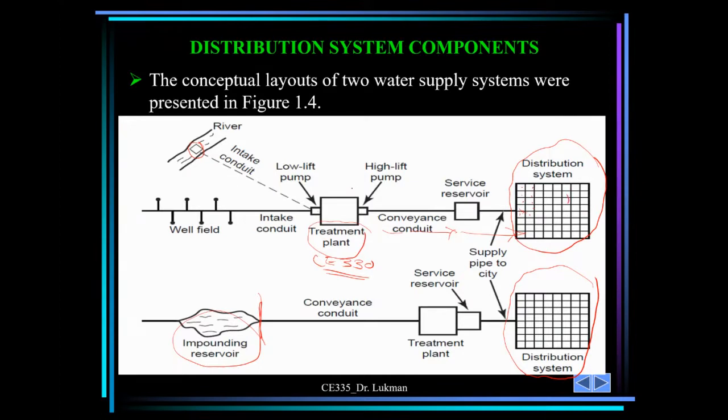Okay, we only isolated the treatment plant. And why did we isolate the treatment plant? Because that is taken care of by the environmental engineering aspect, in which they will have a given flow rate, the Q, and then they will use that to design the treatment processes, which CE330 has taken care of. Okay.